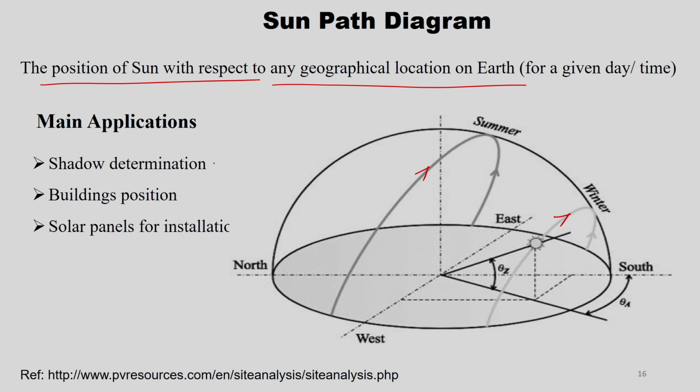The main applications are shadow determination, building positions and solar panel installation. For that we normally see the sun path diagram and then calculate various angles, and from there we calculate the radiation: the beam, diffuse and global radiation.